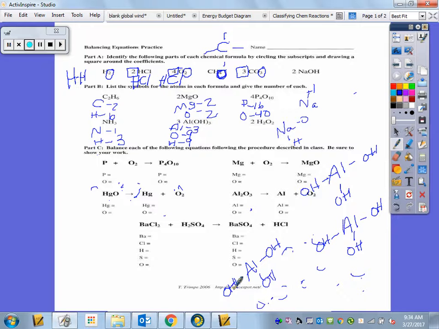So we have 1, 2, 3, 4, 5, 6, 7, 8, 9 hydrogens. Whoops, I missed this one. 1, 2, 3, 4, 5, 6, 7, 8, 9 oxygens, and then 3 aluminums is what they're showing us.